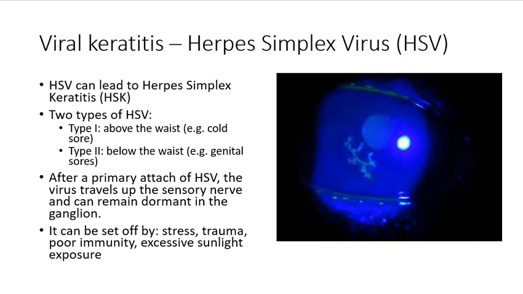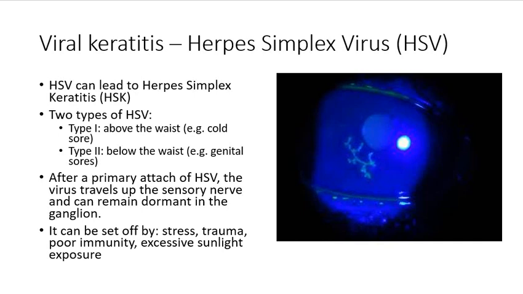So, herpes simplex virus can lead to what we call herpes simplex keratitis. And there are two types of the virus that a patient presents with. Type 1 occurs above the waist, and you see that when you get a cold sore. And type 2 is below the waist presentation, and that's when the patient develops genital sores.